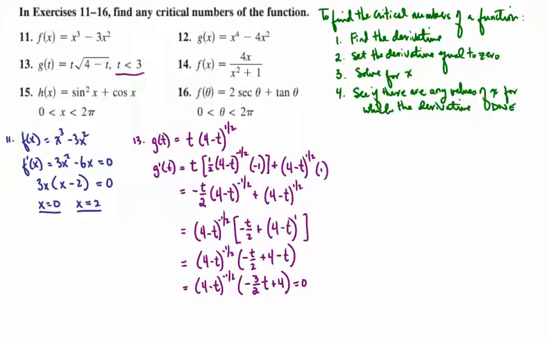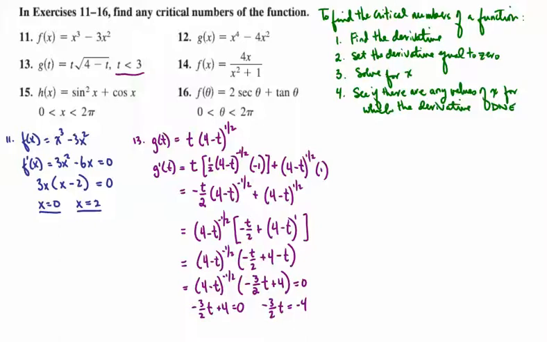So all we need to do is negative 3 over 2t plus 4 equals 0. We get negative 3 over 2t is equal to negative 4.